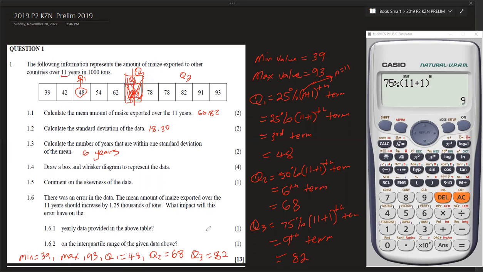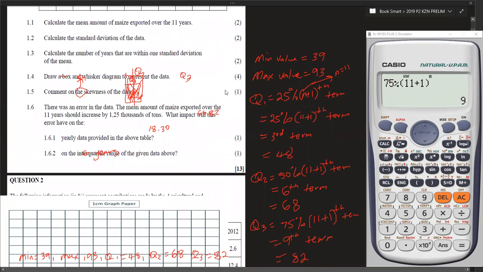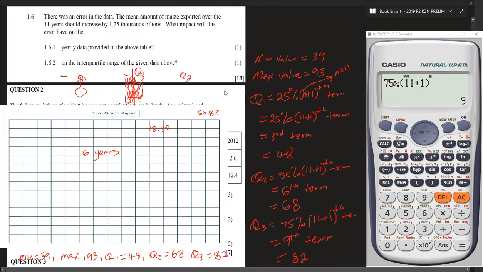Awesome. So we're going to now try to sketch our box and whisker. Check that.